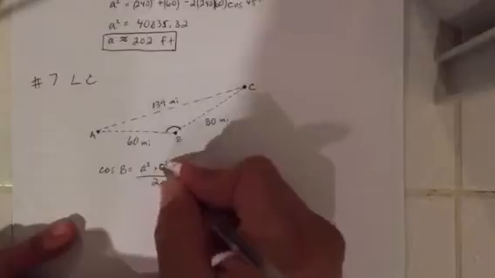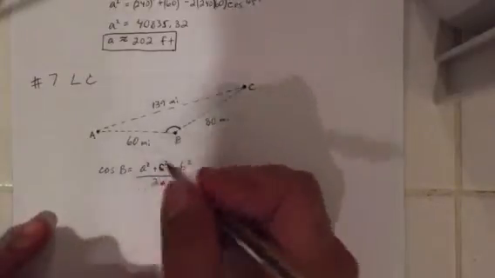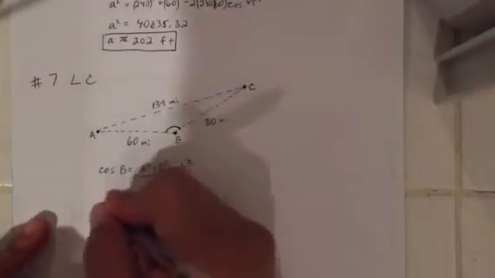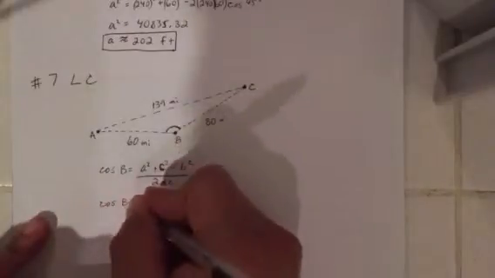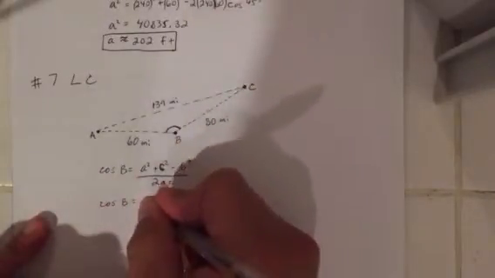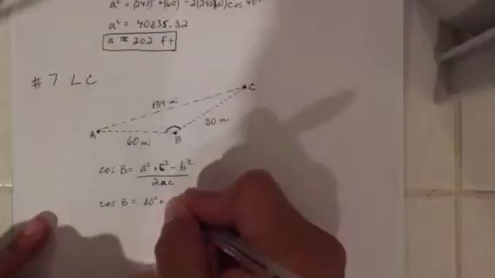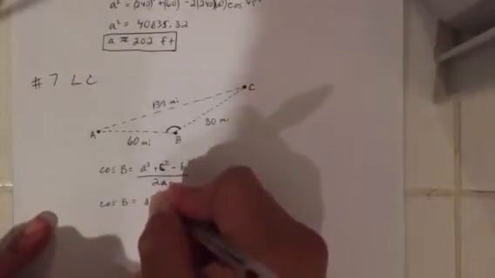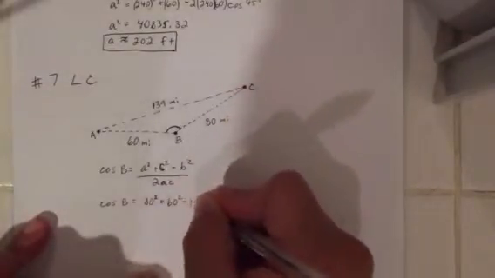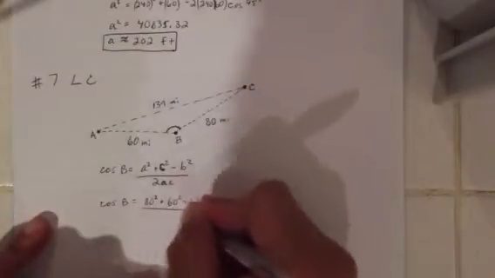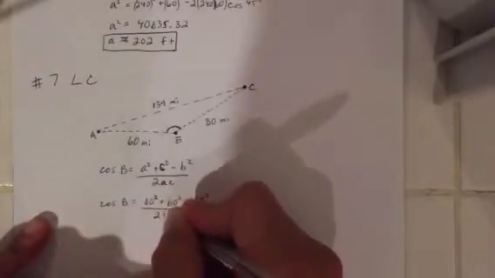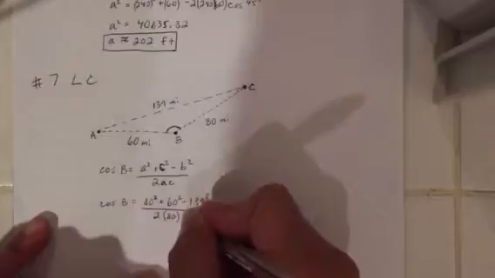And we're going to use this to figure out angle B. So then we're going to plug in our values. So we have cosine of B equals 80 squared plus 60 squared minus 139 squared all over 2 times 80 times 60.